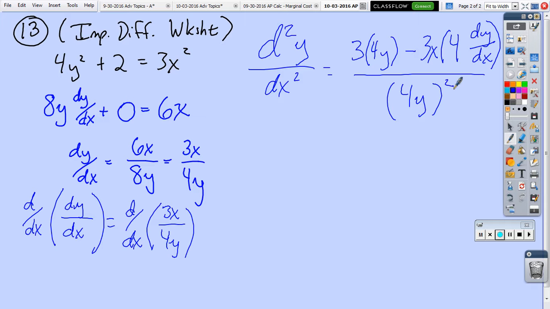Oh, I forgot about the dy/dx part. If we simplify this, we have 12y minus 12x dy/dx all over 16y squared.